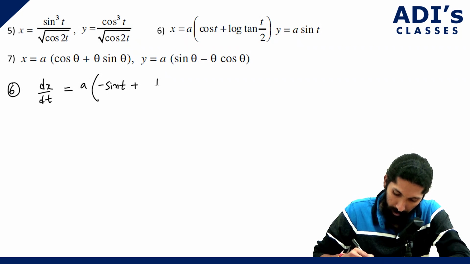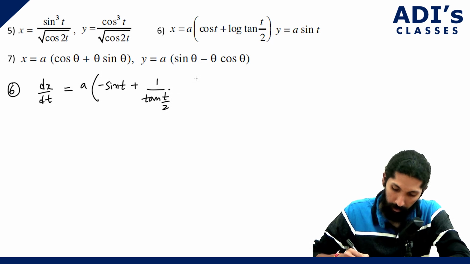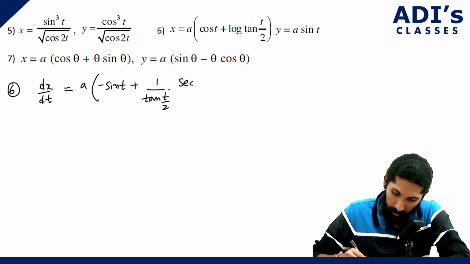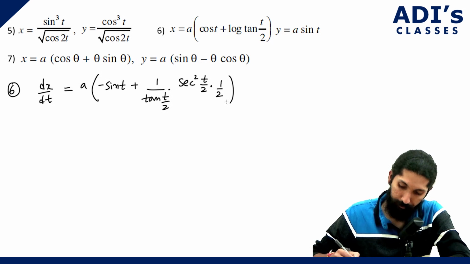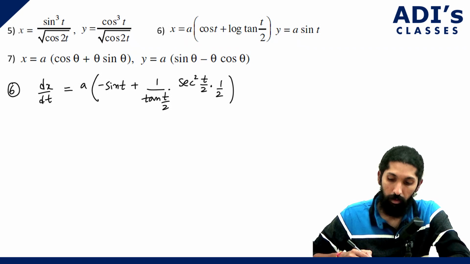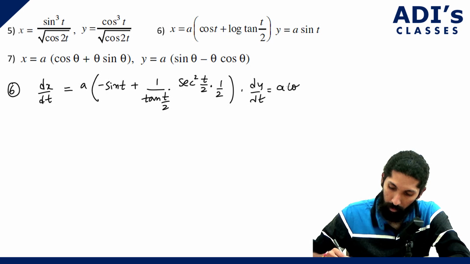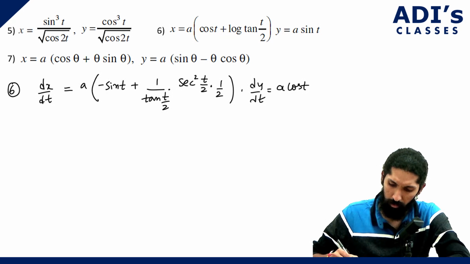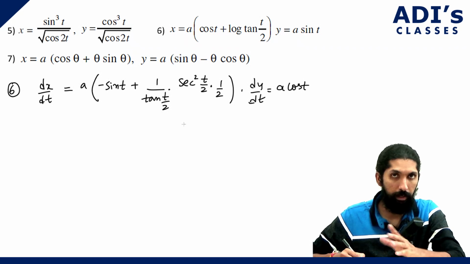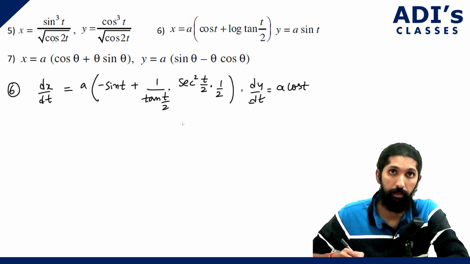So 1 by tan t by 2 into secant square t by 2 into half. Now dy by dt is a cos t. So you don't have to worry about the dy by dt. Just look into the dx by dt part.